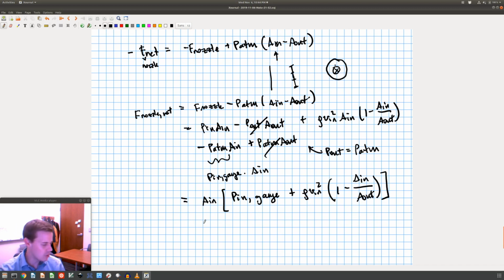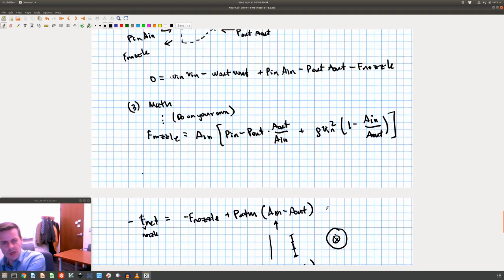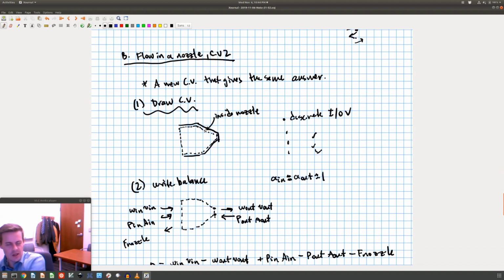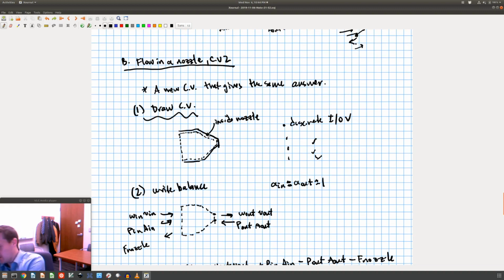So the moral of the story is be careful about your control volume and what it means. If I do a momentum balance on the inside of the nozzle, I'm only going to get the forces on the inside of the nozzle.